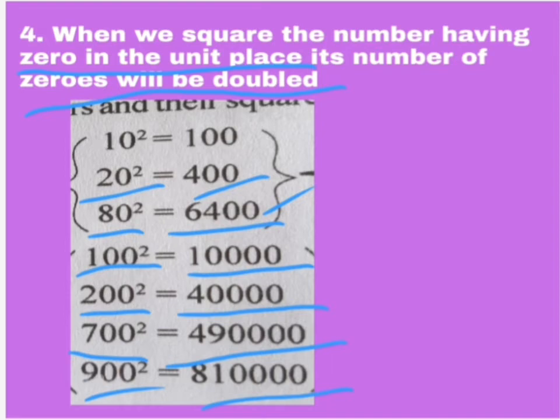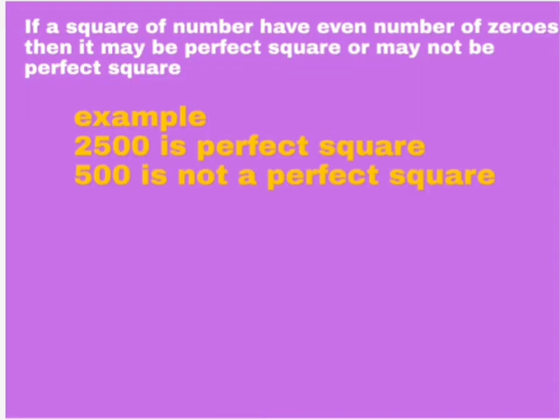Now, this thing also you have to remember. If the square number has an even number of zeros, meaning after multiplication you are getting 2 zeros, 4 zeros, 6 zeros, 8 zeros, 10 zeros, like this, in an even count, then it may be a perfect square or may not be a perfect square.